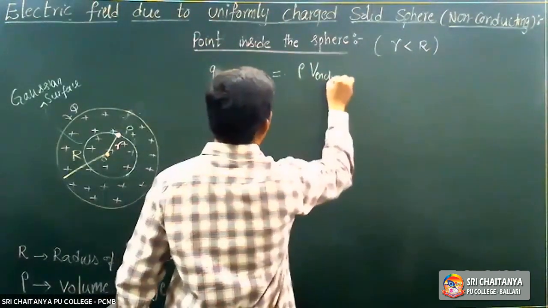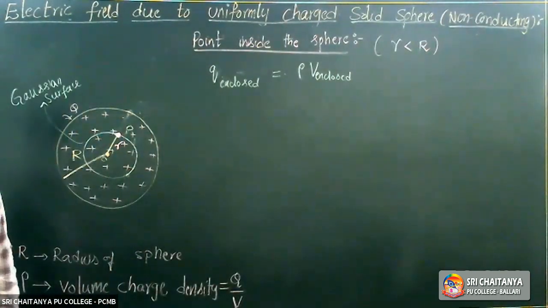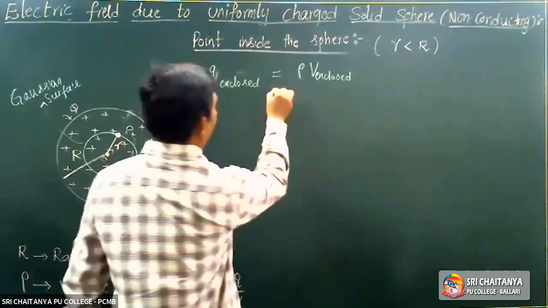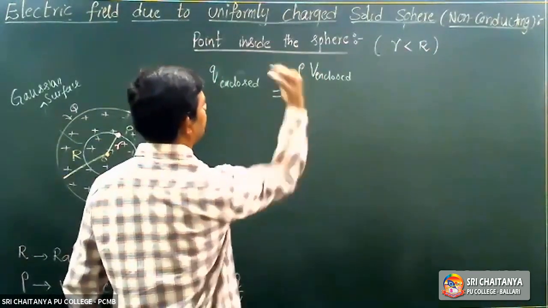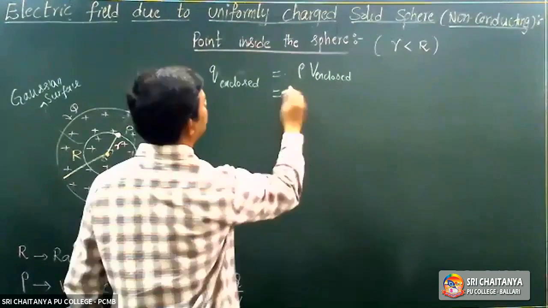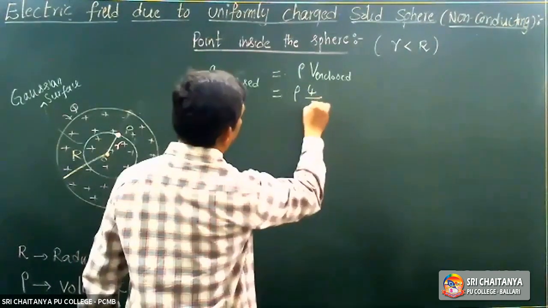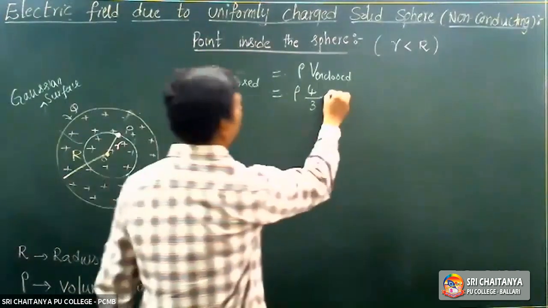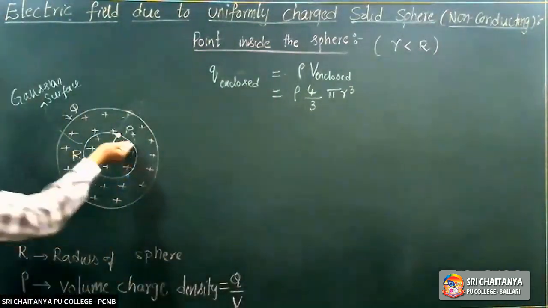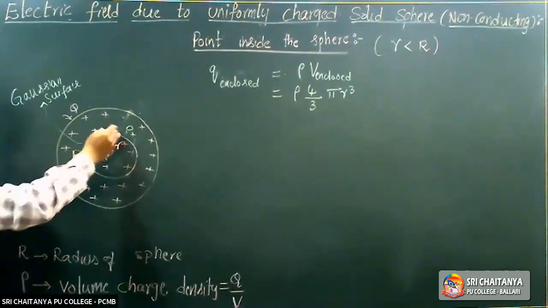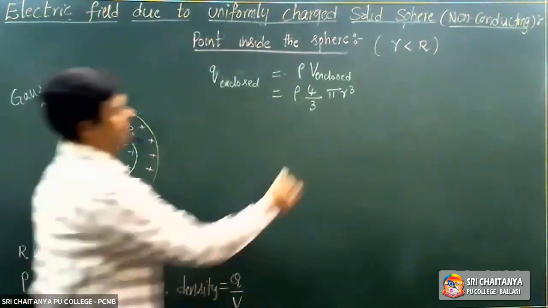It is 4 by 3 pi small r cube. This is the volume enclosed, right?